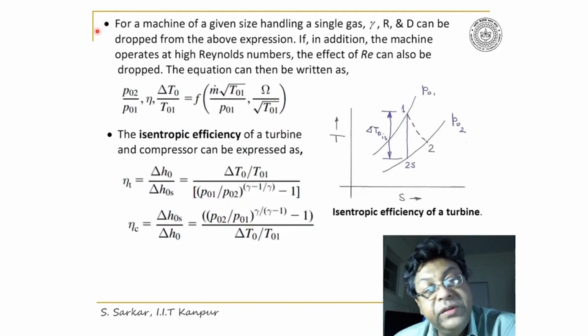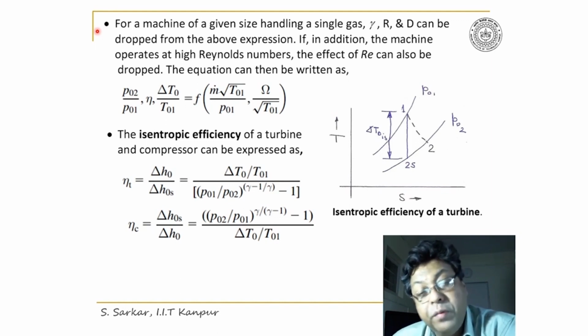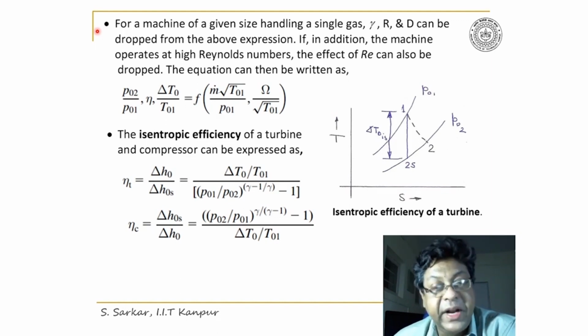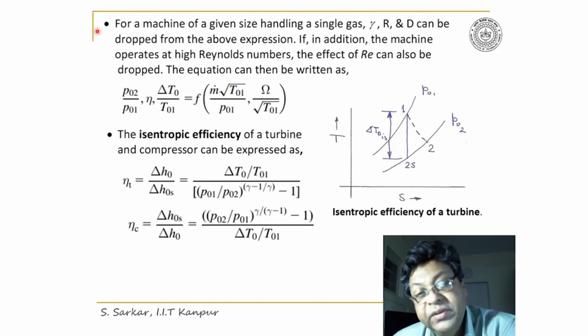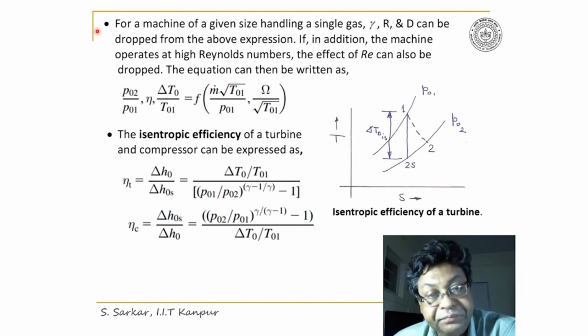Now for machines of a given size handling a single gas, gamma, R, D can be omitted from the above expressions that I have derived earlier. If in addition the machine operates at a high Reynolds number, then the effect of Reynolds number can also be dropped.